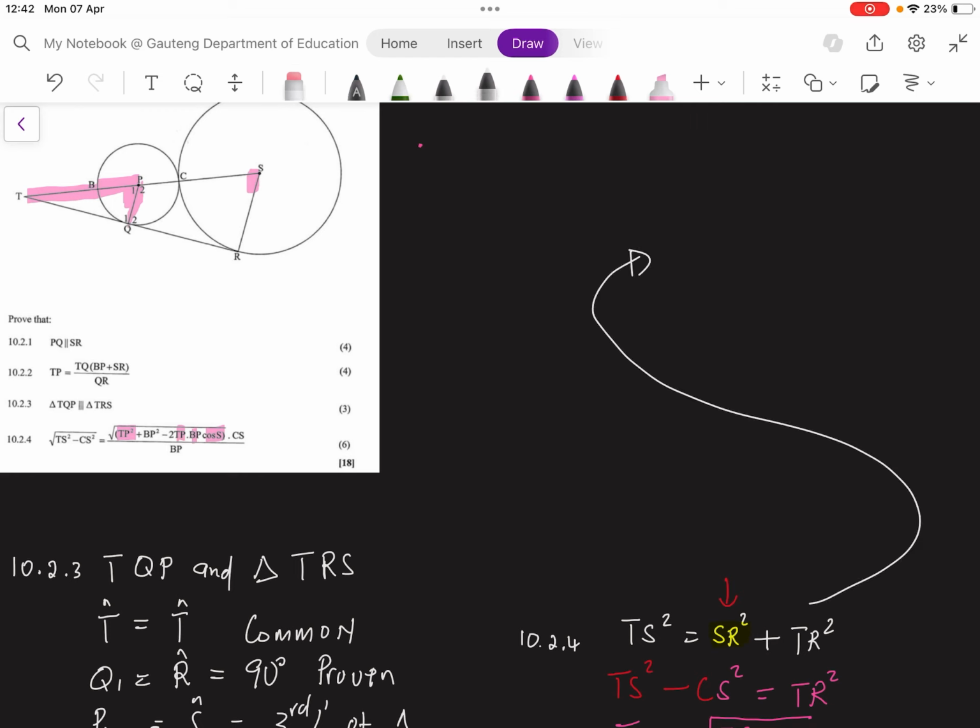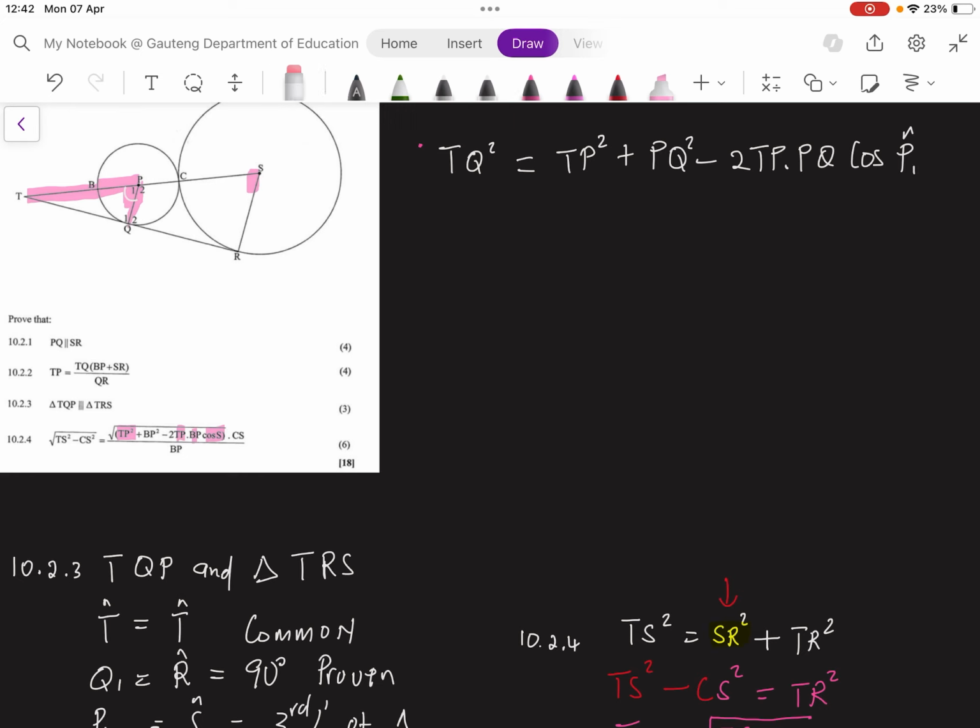So my cosine rule here, I can write TQ squared, because I want to use this angle. TQ squared is equal to TP squared plus PQ squared minus 2 TP times PQ cos angle P1.